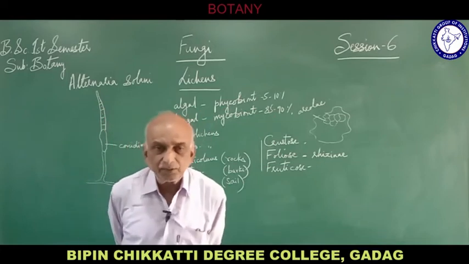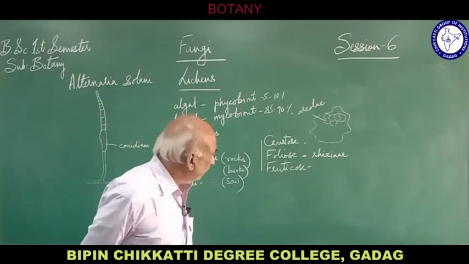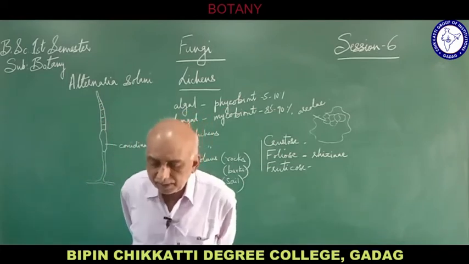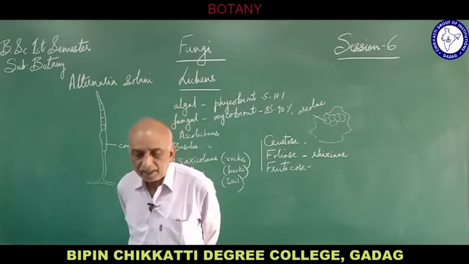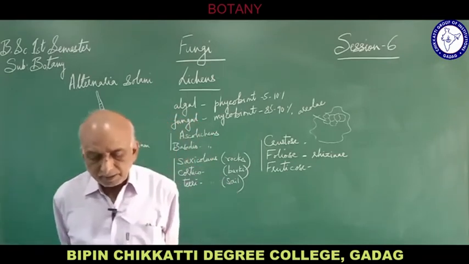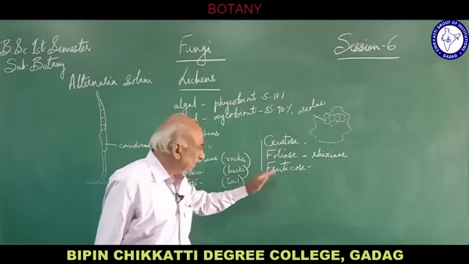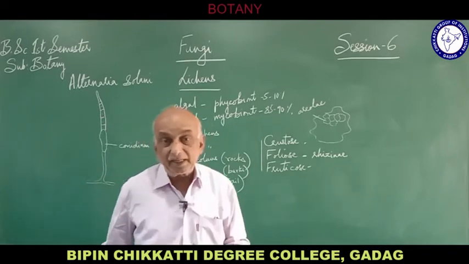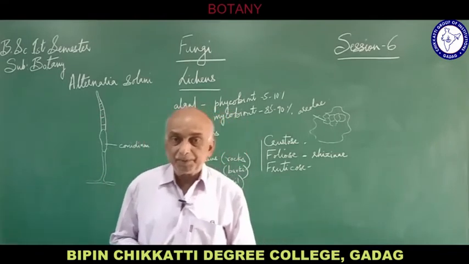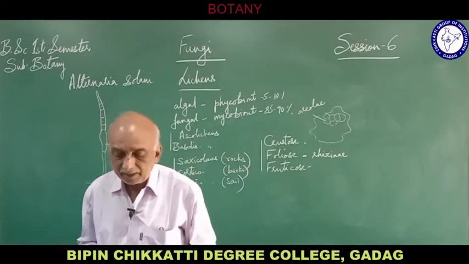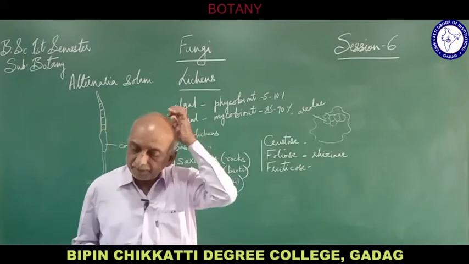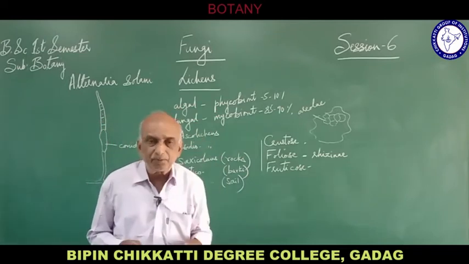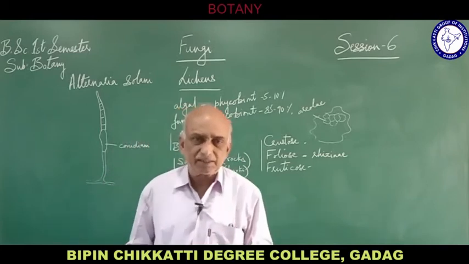But in case of this fruticose lichen, this is very slender and freely branched. The branches present in this fruticose lichen may be cylindrical in shape, or flat and ribbon-like, or sometimes thread-like, and they form tuft-like structures.